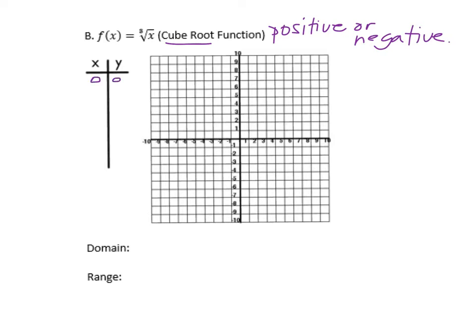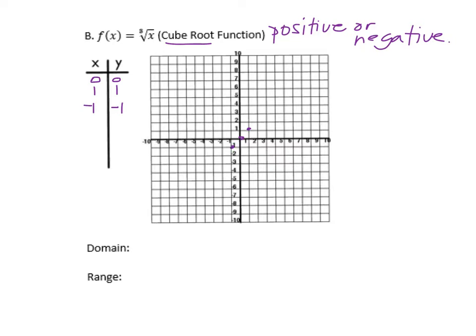Any root of 0 is 0. Now watch this though. If we pick a cubed root of 1, what number times itself 3 times equals 1? Well, that would be positive 1. So we plug that in on the right. But if we plug in negative 1, the cubed root of negative 1 is in fact negative 1.